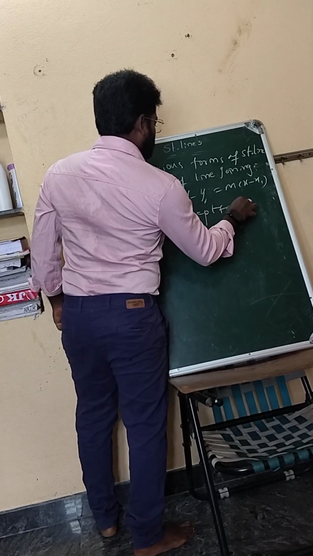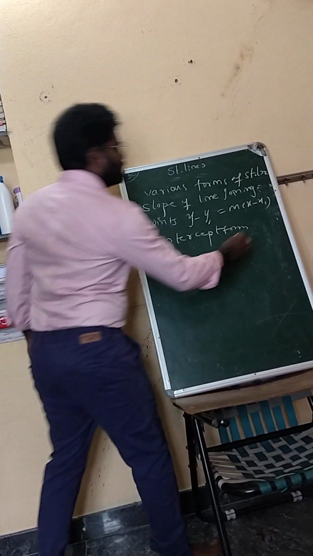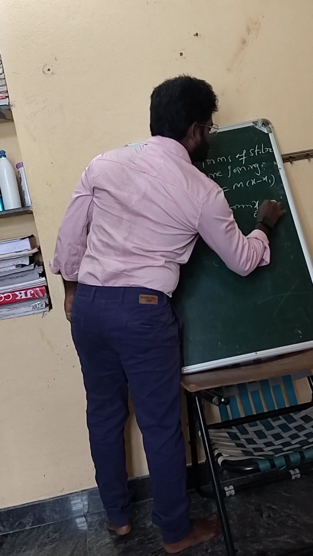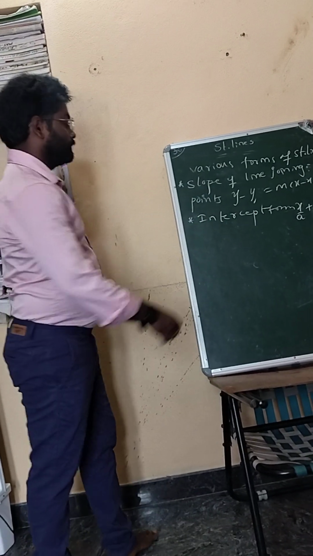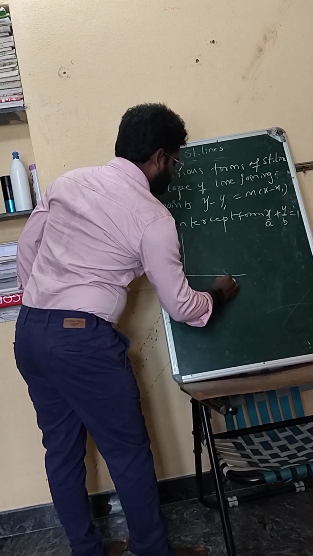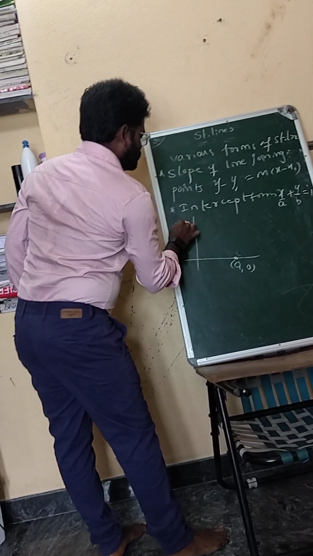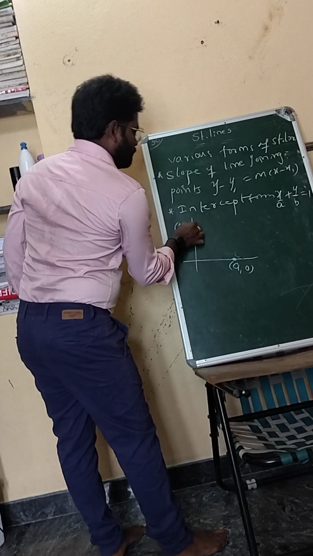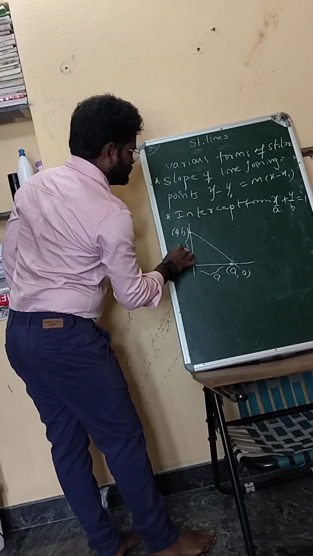Can you write the intercept form? What is the intercept form? Then intercept form is x by a plus y by b equal to 1. Draw the line. A comma 0, then 0 comma b. Then this distance a, this distance b.